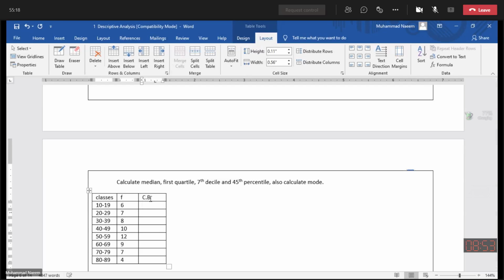There is a difference of 1 between two consecutive classes. So subtract half of the difference from all lower class limits.